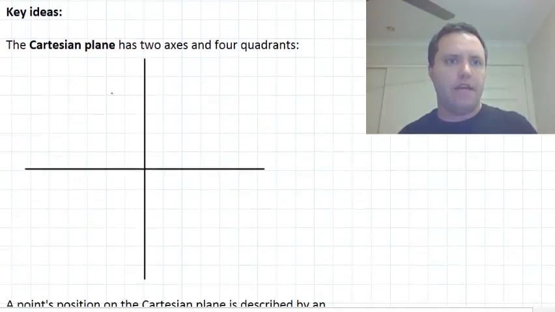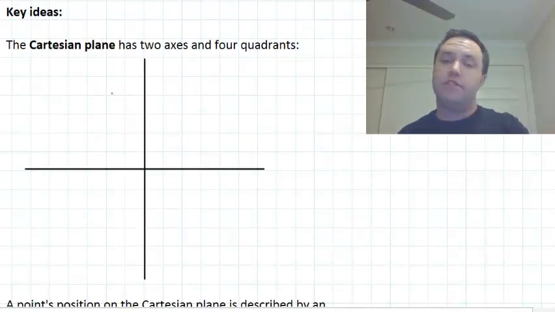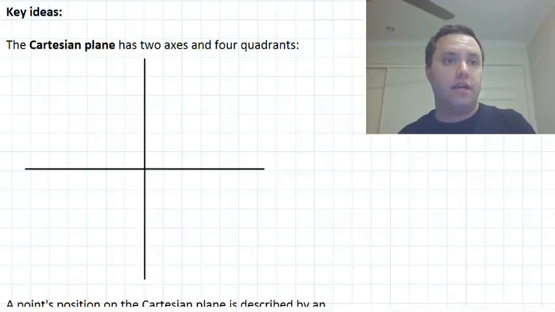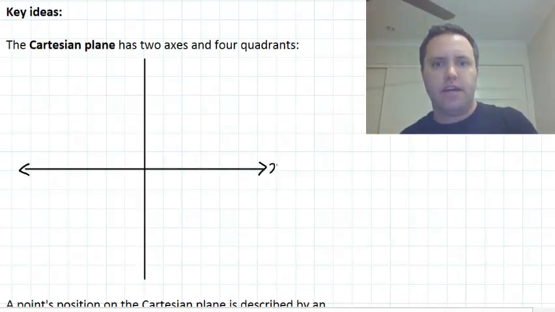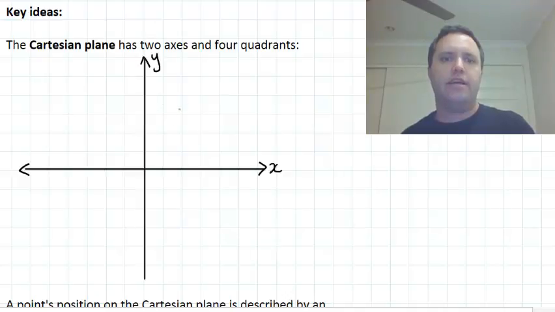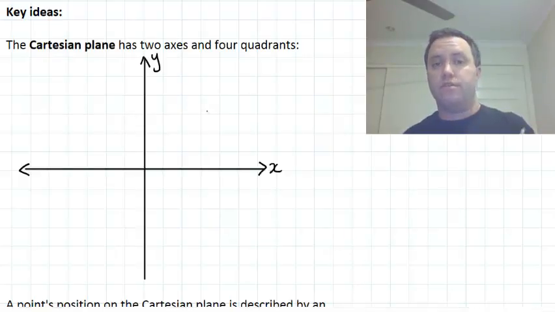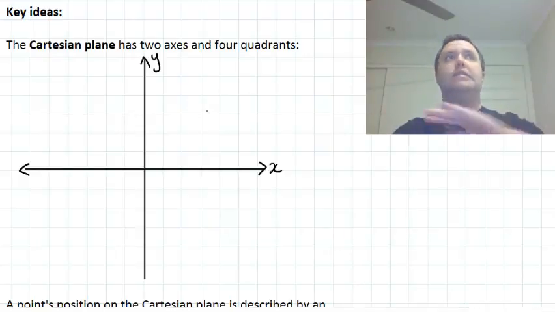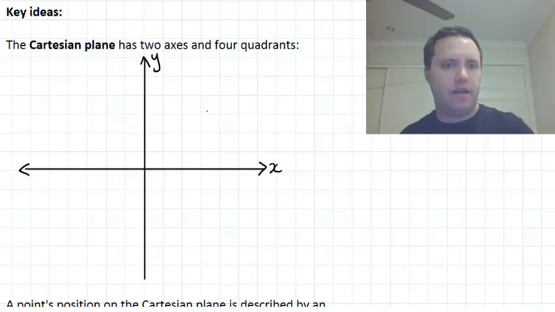All right, key ideas. The Cartesian plane, which is something I just talked about before, is a setup like this, and it has 2 axes and 4 quadrants. So its axes, the horizontal one here, this is our x-axis, right? Okay, and the vertical one is our y-axis. Now they can be, as I said before, different letters, but x and y is what we kind of tend to use for these more basic two-dimensional planes.